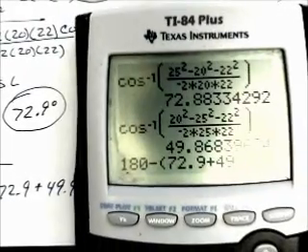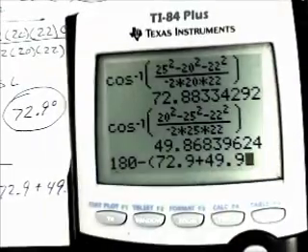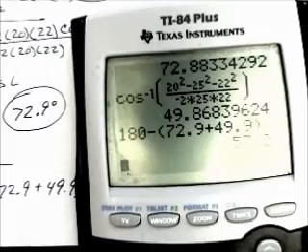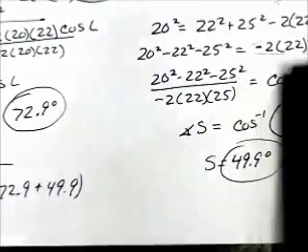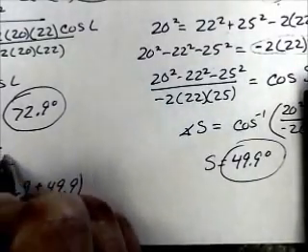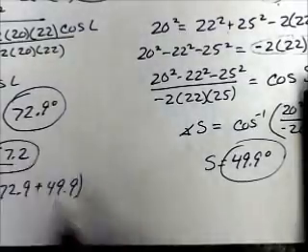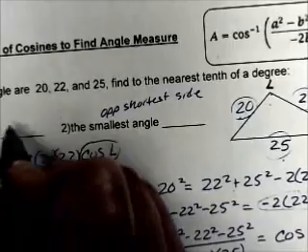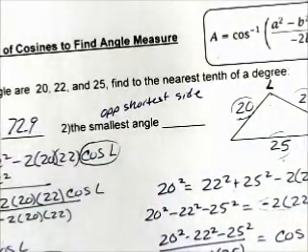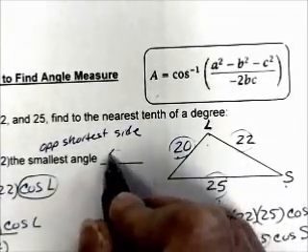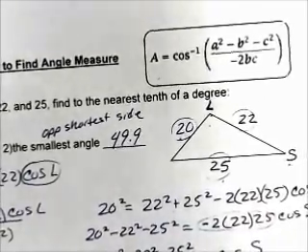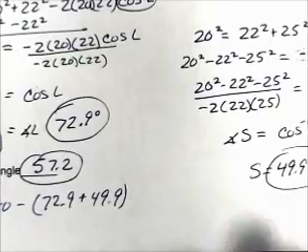There you go: 57.2 degrees. And there we have all three angle measures, 72.9, 49.9, and 57.2. And this concludes our video for today. Thank you.